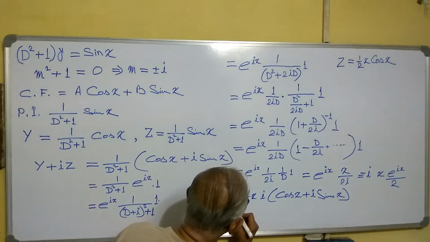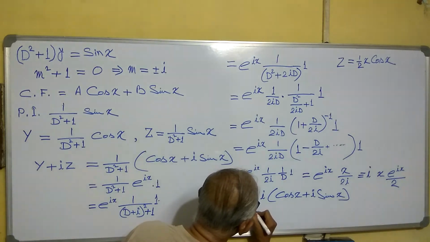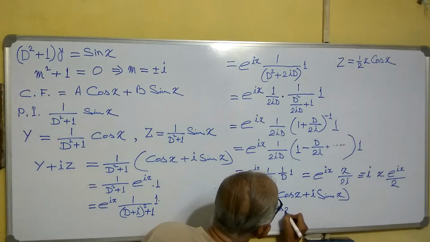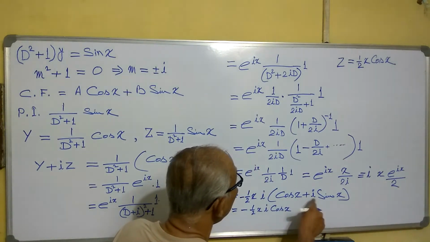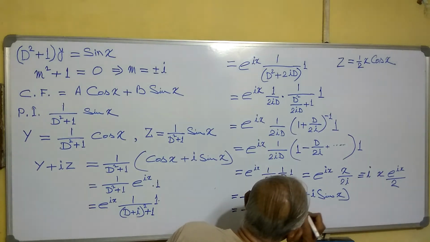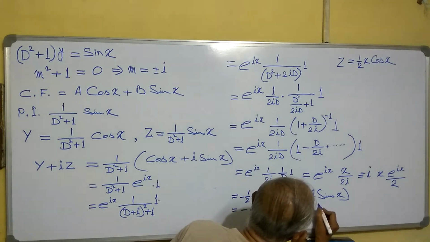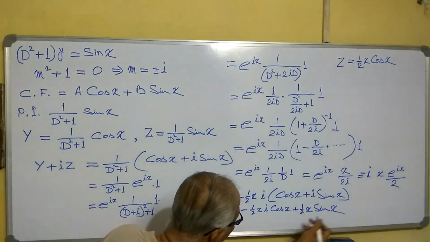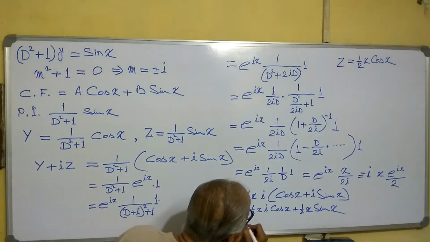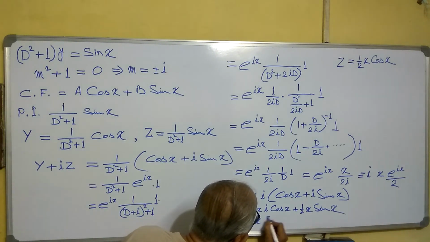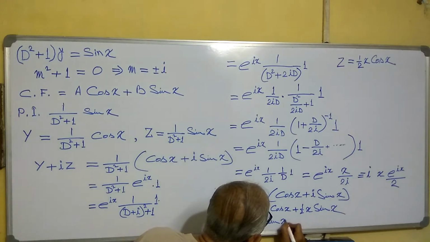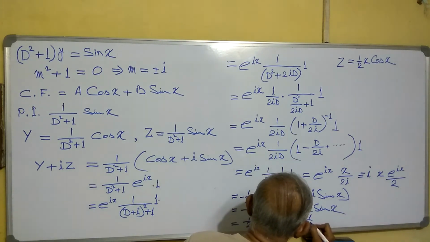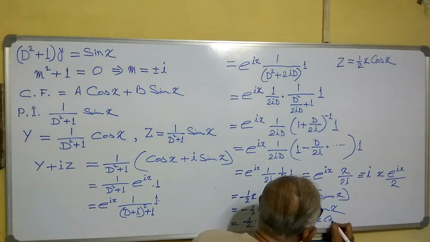By multiplying, what can we write? Minus half x i cos x, then i into i will be i square, so minus 1 times minus, plus half x sin x. This we can rewrite as half x sin x minus i into half x cos x.